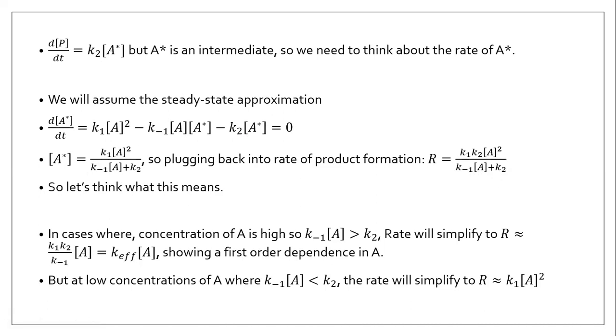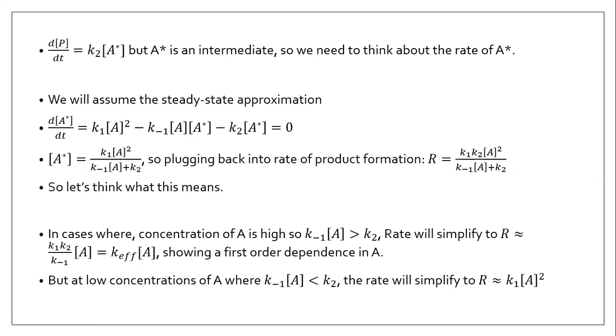In cases where the concentration of A is very, very high, so the k−1 times A is much greater than k2, essentially a big number plus a small number is essentially just a big number. And so the rate simplifies to k1 k2 over k−1, and the A's cancel, and you have a first order dependence on A.